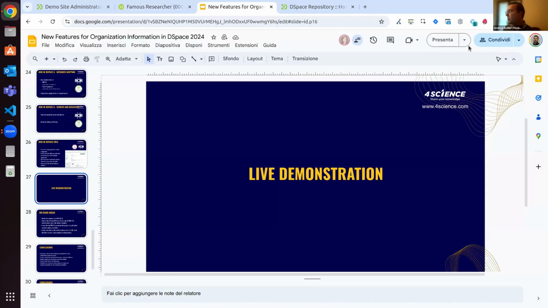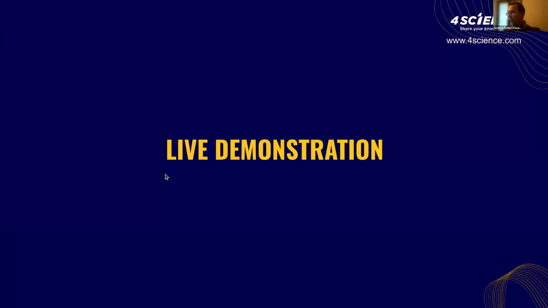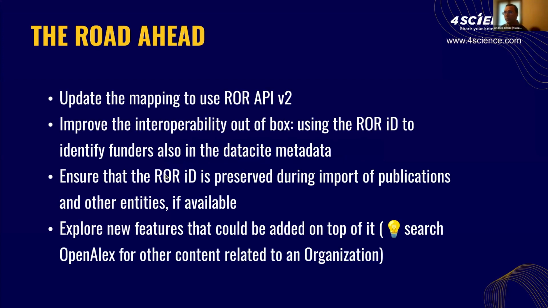So moving back to our slides for some conclusions, I would also like to present the plan for the next steps. In the short term, what we want to do is to update the mapping to use the ROR API version 2.